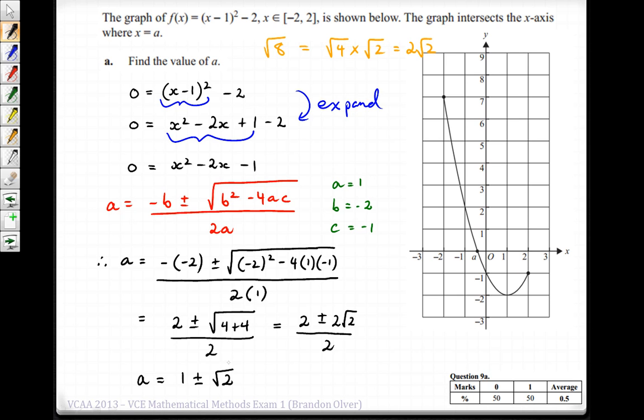We've just got to make the choice of which case a is. Over here, hopefully you can see that a is less than 0. So a less than 0 implies a equals 1 minus root 2. And that's the answer to this question.